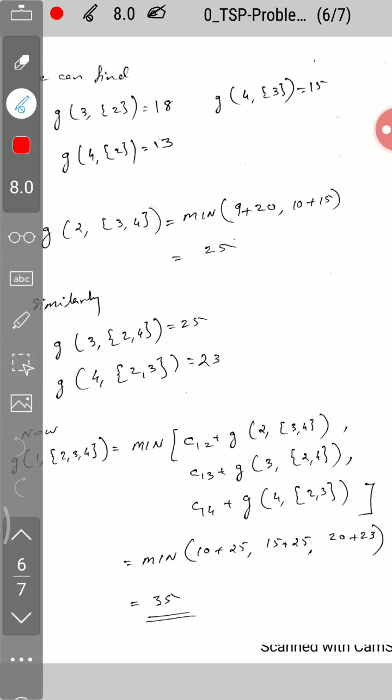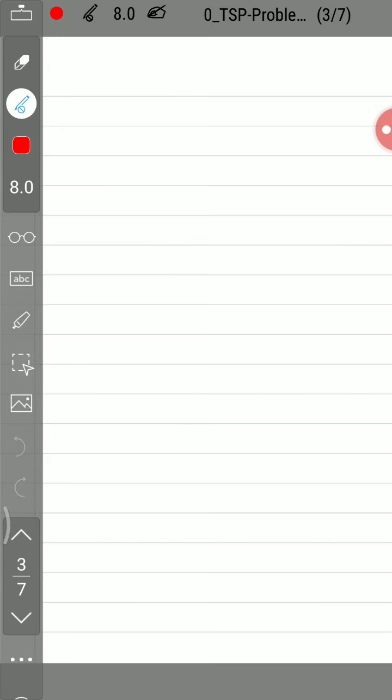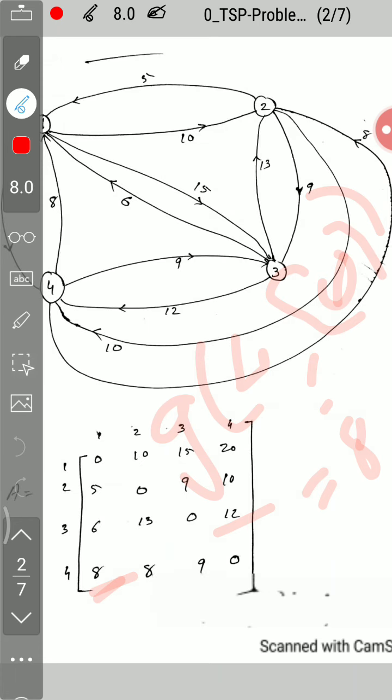Let's check the graph. G(2,{3}) is 9. Then C24 is 10.